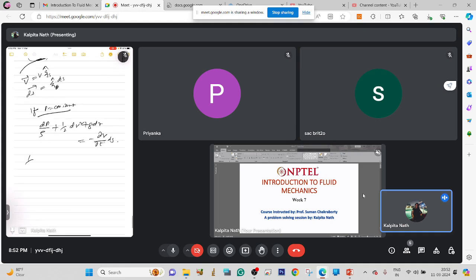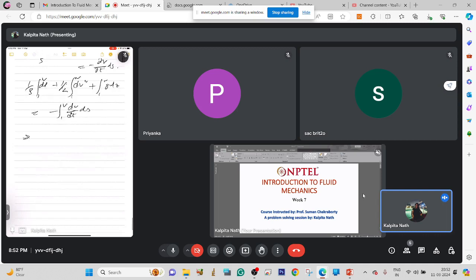Now if we integrate it, 1 upon rho dp from 1 to 2, plus half of dv square from 1 to 2, plus the integral of g dz from 1 to 2, will be equal to minus the integral from 1 to 2 of del v del t ds.